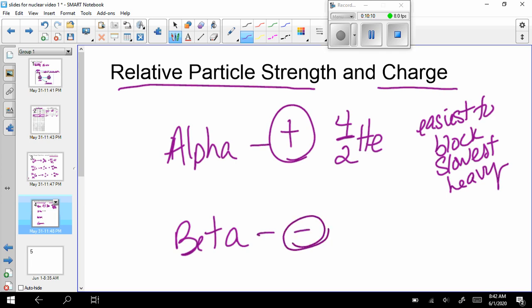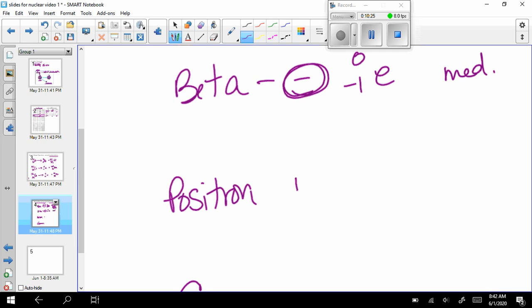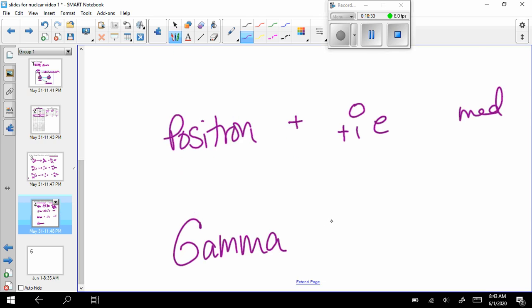Beta is minus, so it's 0, minus 1 e. So we'll say this is like a medium one. You need a little bit more to block it. It doesn't have mass, so it travels a little easier. A positron is positive, 0, plus 1 e. So we'll also say this is sort of a medium one. But gamma has no charge, no mass. So it has a little symbol like this. No mass, no charge.